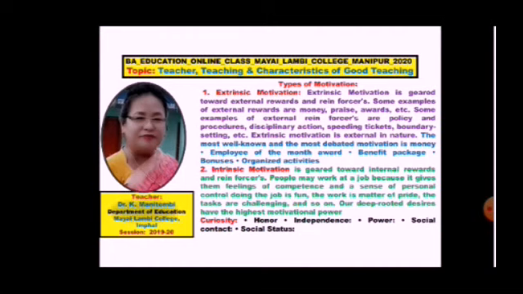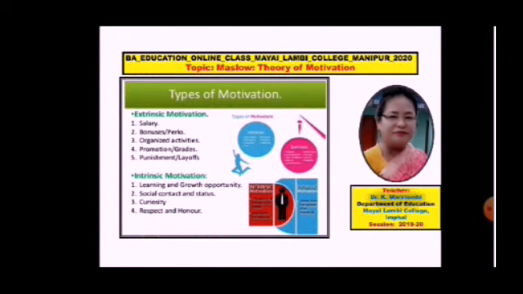So the types of motivation, briefly: number one, extrinsic motivation includes the salary, then two, the bonus, and three, organized activities, and the promotion and the grade, and the punishment and the layoff. Intrinsic motivation includes learning and growth opportunity, social contact and status, curiosity, respect and honor.